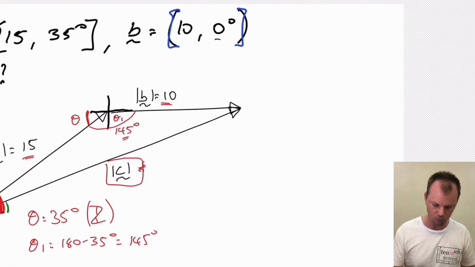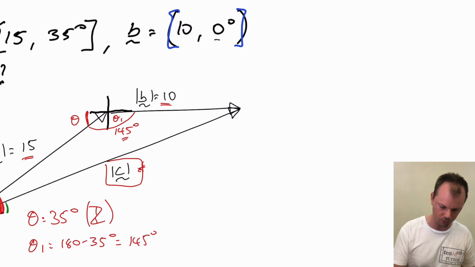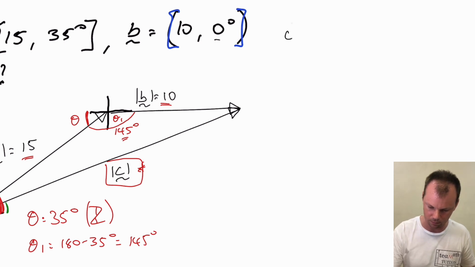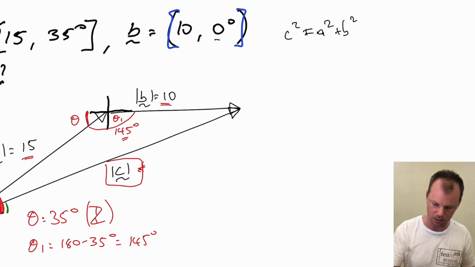So the cosine rule, the way I remember it is it's Pythagoras, c squared equals a squared plus b squared, with a slight modification. So we've got 15.